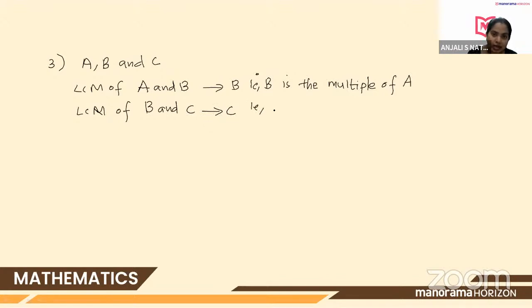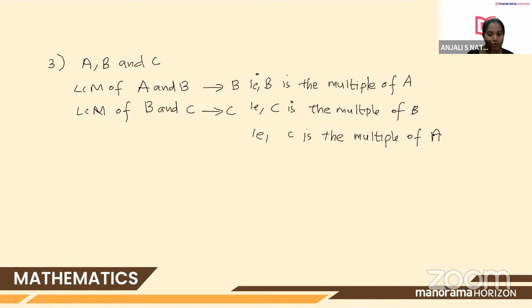That is, C is the multiple of B. We already said that B is the multiple of A. And now we said that C is the multiple of B. If C is the multiple of B and B is the multiple of A, then we can analyze that C is the multiple of A also, right?